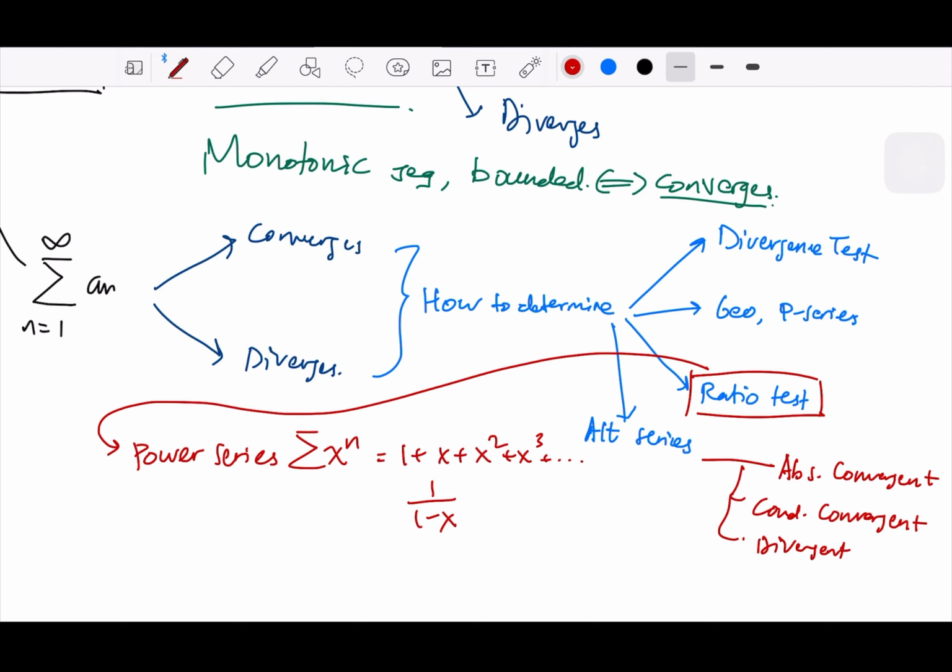This is the first representation of functions that we learned, in sections 11.8 and 11.9. When we represent, we reform the formula and force it to become 1 over 1 minus x.